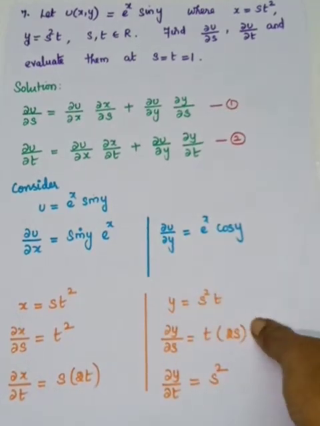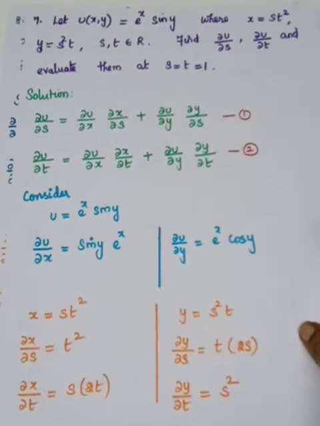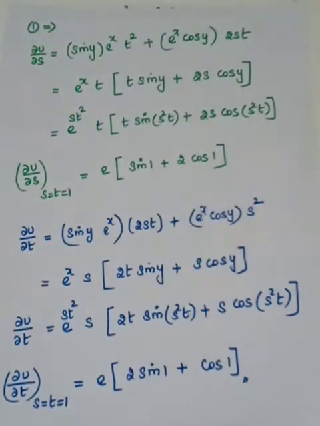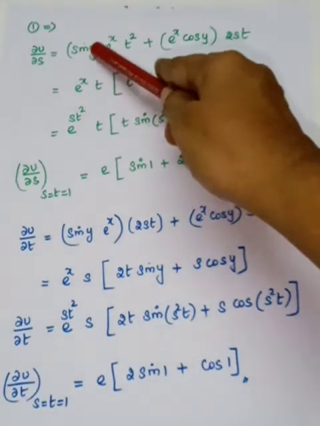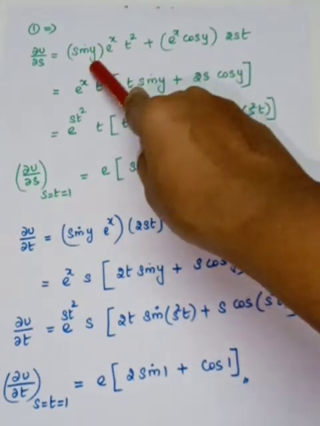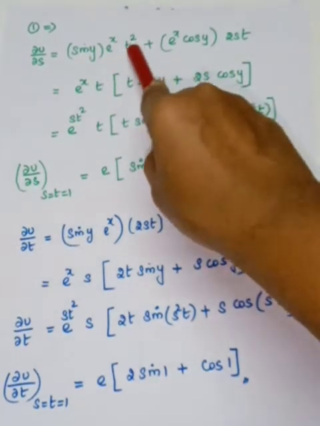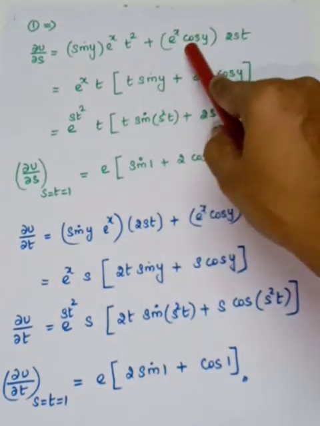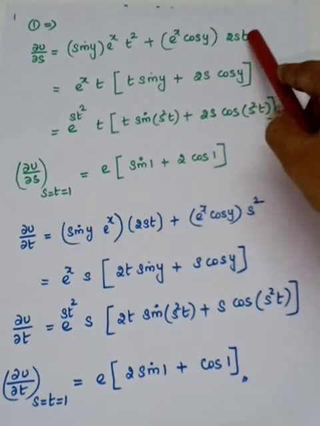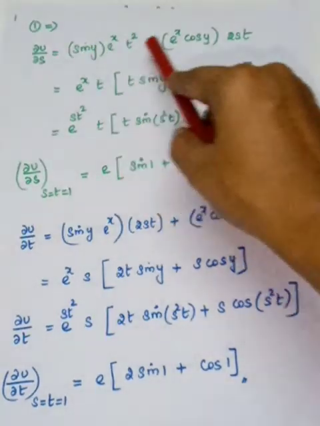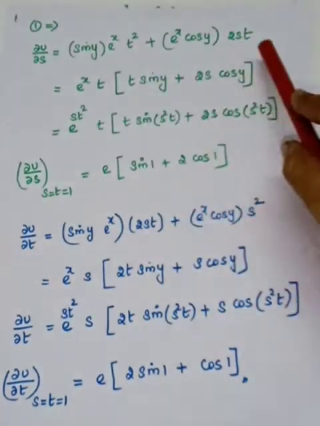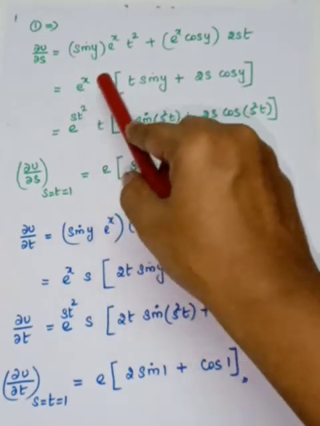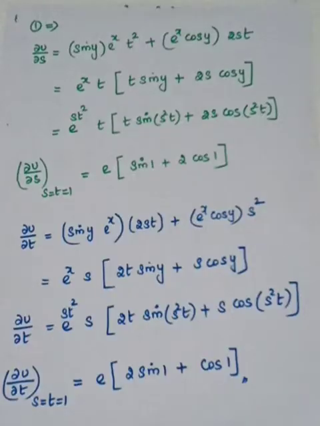Next we have to substitute in the formula. So take the first formula: ∂u/∂x into ∂x/∂s plus ∂u/∂y into ∂y/∂s. So if you substitute, the terms can involve s and t, but you should not have x and y.